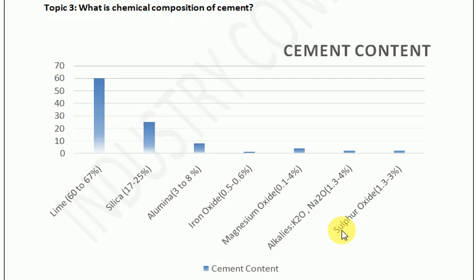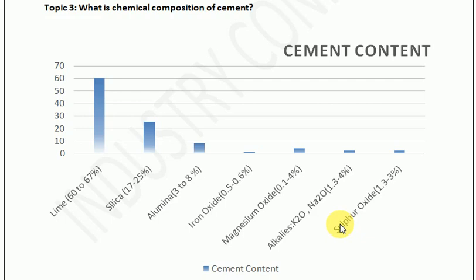Only then can the cement be used as a construction material. So basically there are seven raw materials: lime, silica, alumina, iron oxide, magnesium oxide, alkalis and sulfur oxide. In the coming modules we will understand what impact or what reactions happen due to the presence of these raw materials.